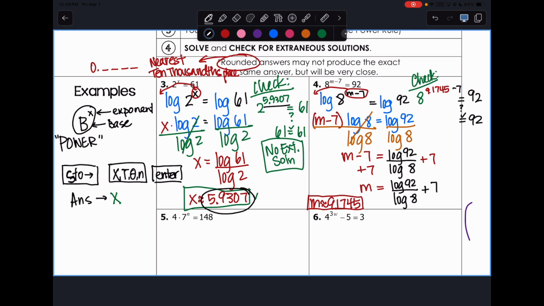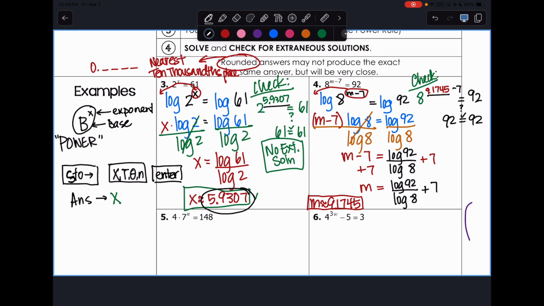91.996. Oh, I can tell you put in the actual decimal, didn't you? Did you put in the actual decimal? 9.1745? Was I not supposed to? You can, but you just need to know that it's going to be very close to 92. It's not going to give you exactly 92.